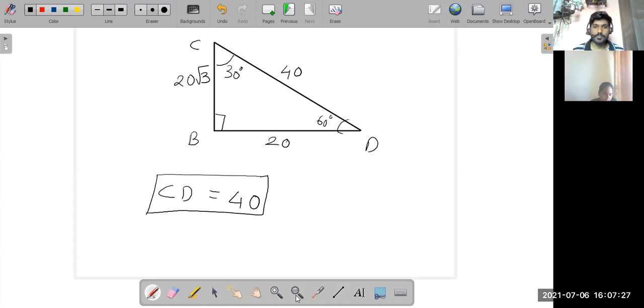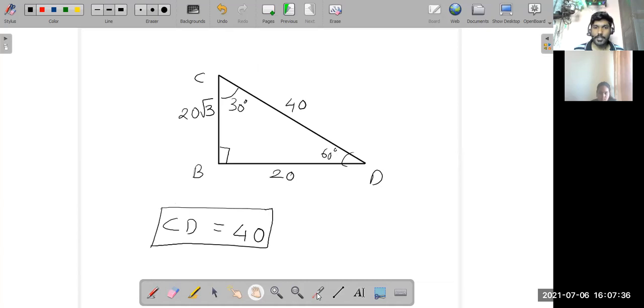Now, BC you got 20 root 3 and DC you got 40. Now, just try to recollect what this sum was.